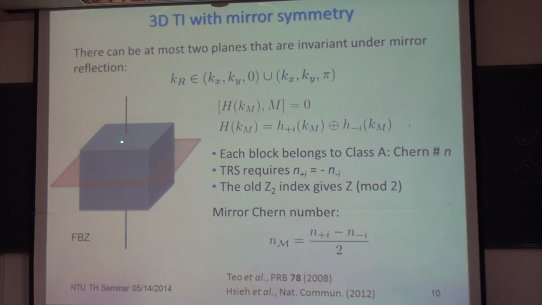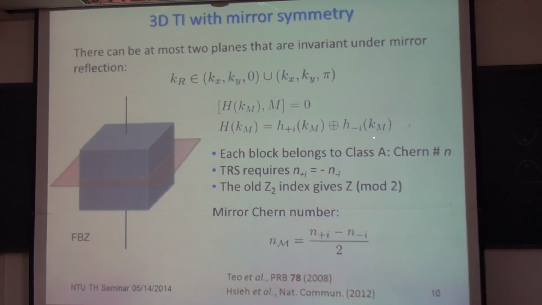So now, if we consider this mirror plane, the momentum is in this momentum subspace. And therefore, we know this mirror symmetry commutes with the Hamiltonian. Since M commutes with H, notice that the momentum means only momentum in this mirror plane.